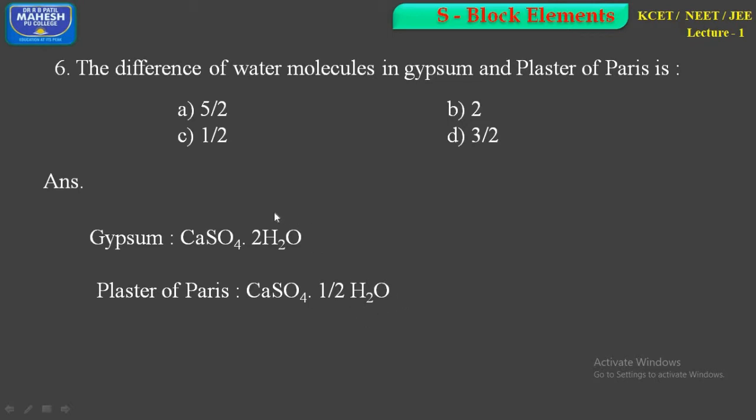So students, the difference of water molecules between gypsum and plaster of Paris is 1.5 molecules, that is 3/2 water molecules. So option D is the right answer.